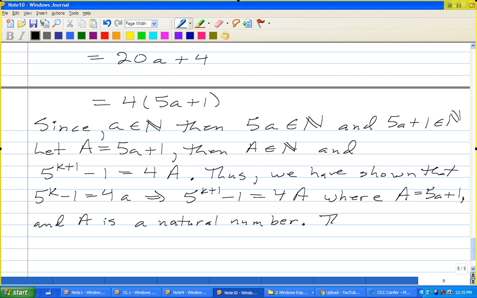Therefore, so we have shown that the induction case works.